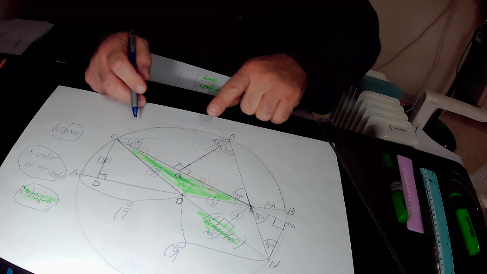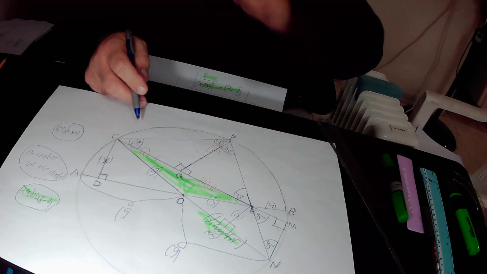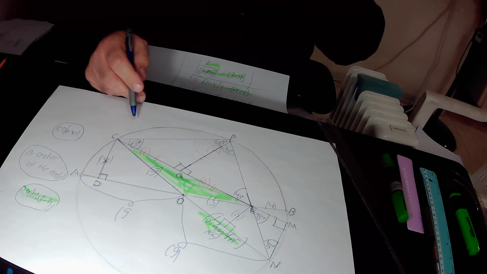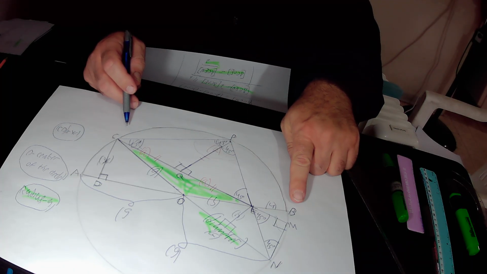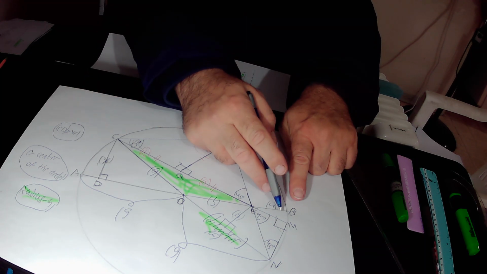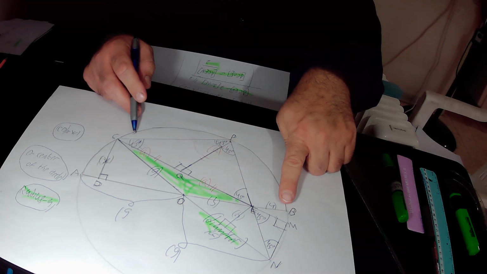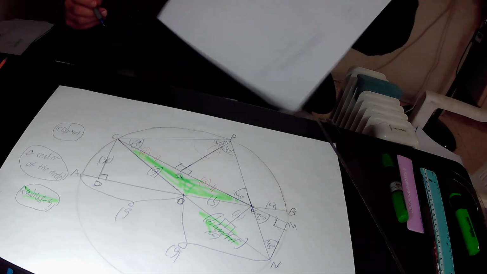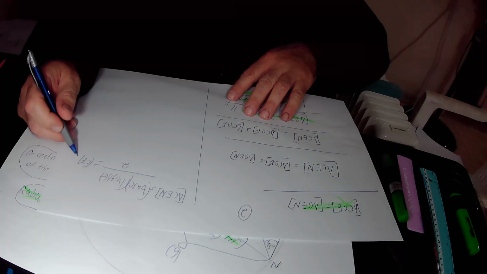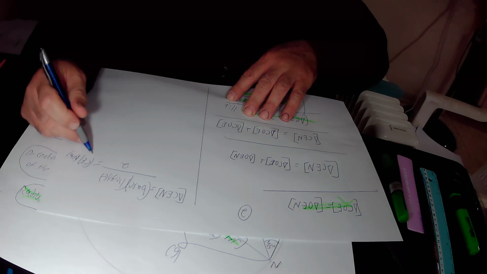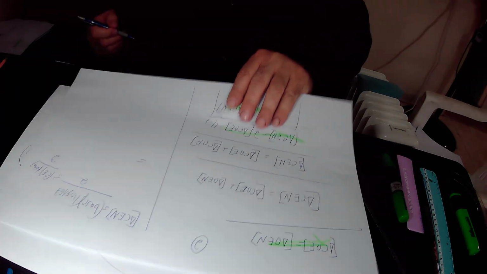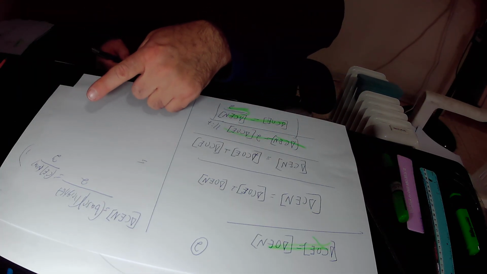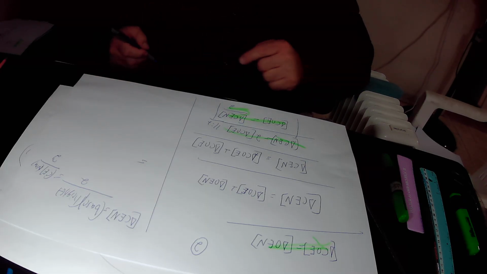The height to the base or to the extended base must make 90 degrees with the extended base. CE is the base and therefore the extended base is CM. So the height to the base must make 90 degrees with CM. Here NM definitely makes 90 degrees with CM. So the height is NM. So the area of the big triangle CEN equals the base CE times the height NM over 2.